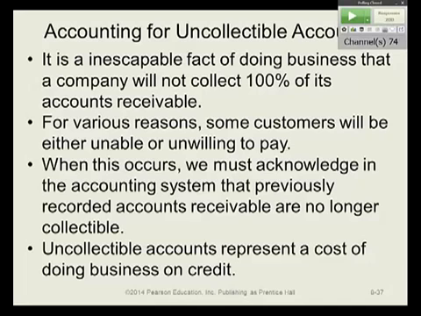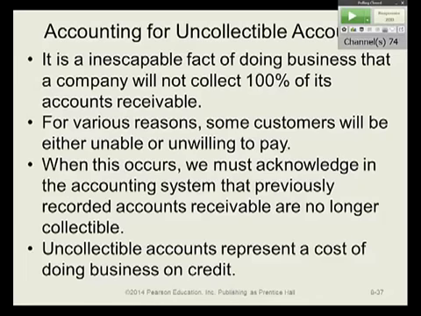Definitely the problem is it's not in the year of the sale. So the issue is whether or not you should recognize the bad debt expense in the year of the sale. More likely than not, the direct write-off method will not recognize the bad debt expense in the year of the sale.